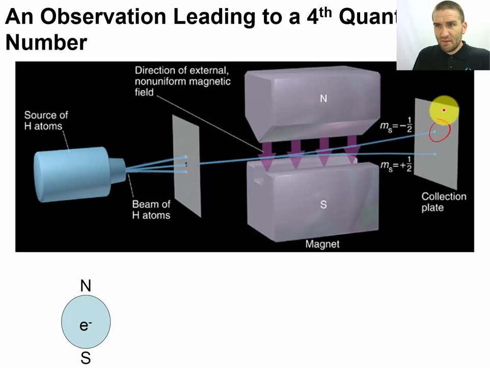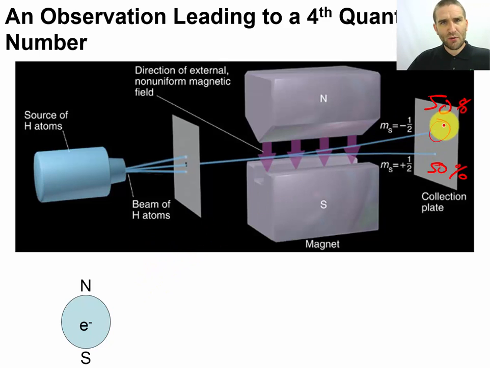Half of the atoms curve up, 50% of the atoms curve down. So you've got a 50-50 chance of being either one. It's almost like there's a north pole and a south pole on the electron. Almost like that. That's not actually what's going on, but we're still going to pretend like it is because the mechanics for what's going on there get very funky and not Chem 1 appropriate.